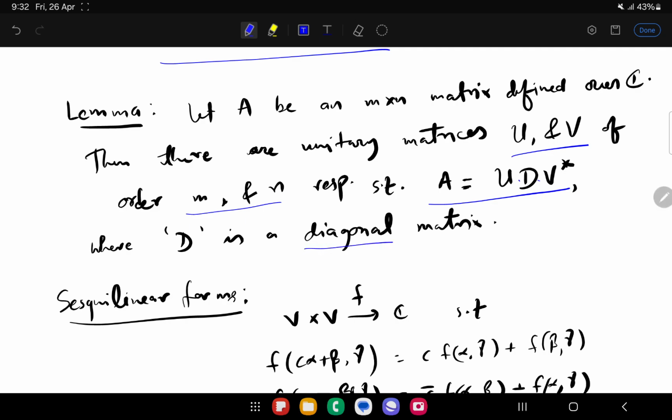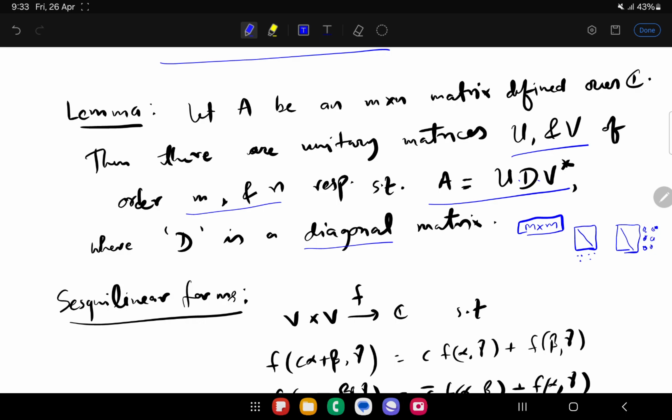Not actually a diagonal matrix, it is diagonal in M cross M. It is a rectangular matrix. In fact, it can be of this form: it is diagonal here and 0 everywhere else. Okay, or this can be like diagonal here, 0 on this side everywhere.